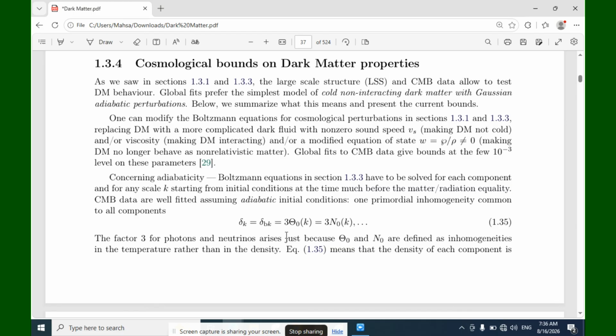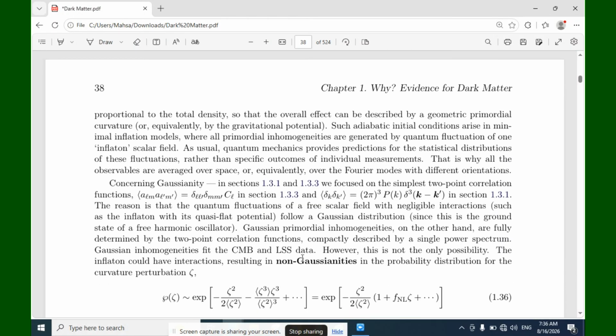The factor 3 for photons and neutrinos arises just because θ_0 and n_0 are defined as inhomogeneities in the temperature rather than in the density. These equations mean that the density of each component is proportional to the total density, so that the overall effect can be described by a primordial curvature or equivalently by the gravitational potential.